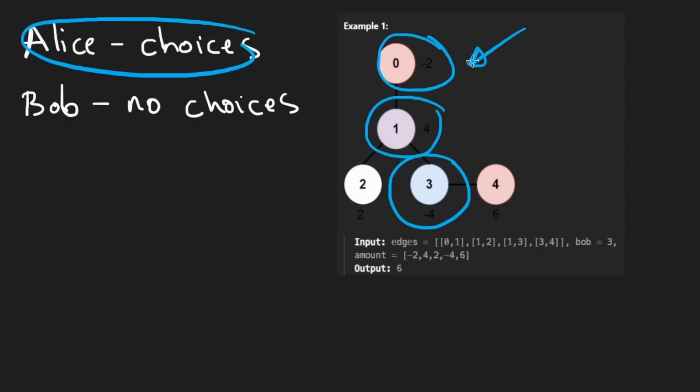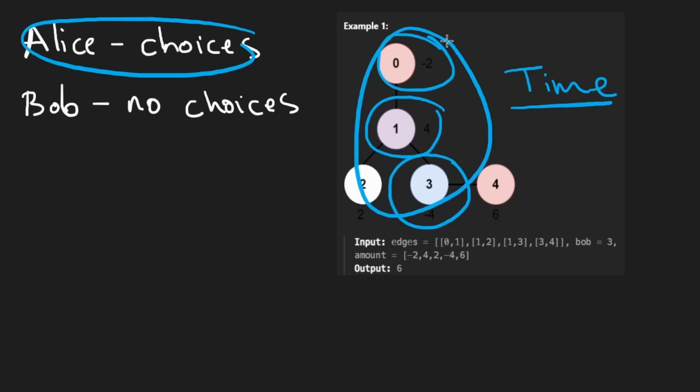And based on that, we don't know how much profit Alice is going to be able to collect. For us to determine how much profit she could collect, what we should really be doing is tracking the time that Bob visits each of these nodes. Because then when we run the simulation from Alice's perspective, we can also keep track of the time.